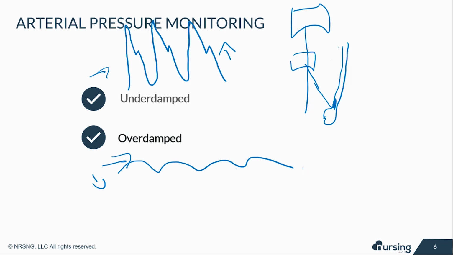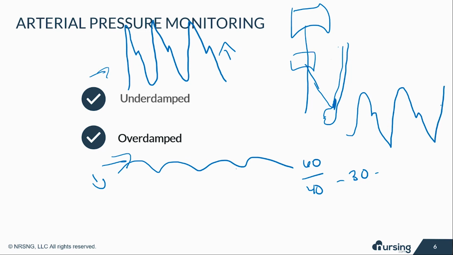So if you see this and the monitor is telling you that the blood pressure is 60/40, and your MAP hypothetically is 30, don't treat this, because you would be overdamped. Fix the problem and make sure that you have a good waveform, which is similar to that. Okay, so that's imperative when it comes to monitoring art lines.